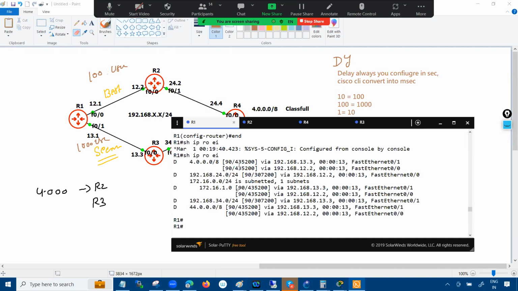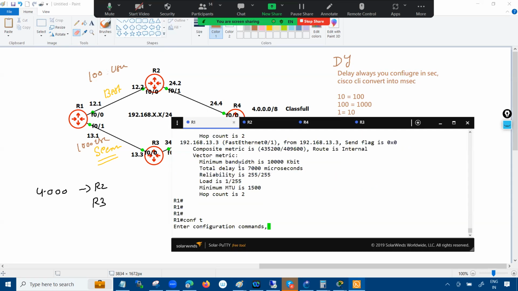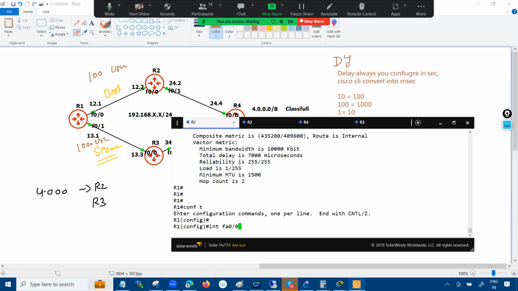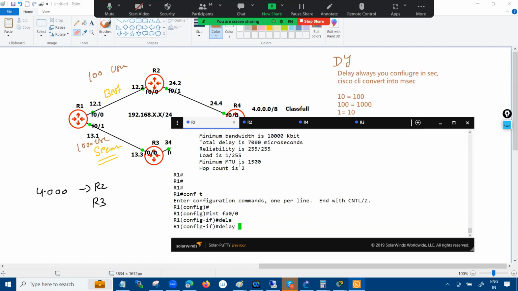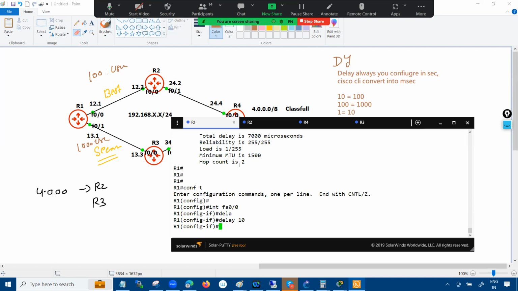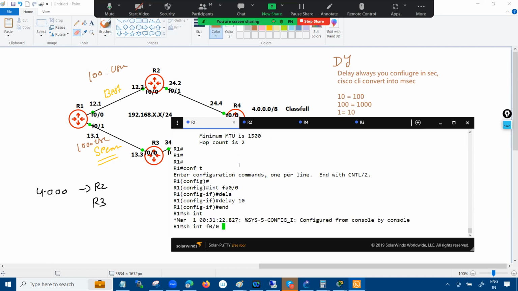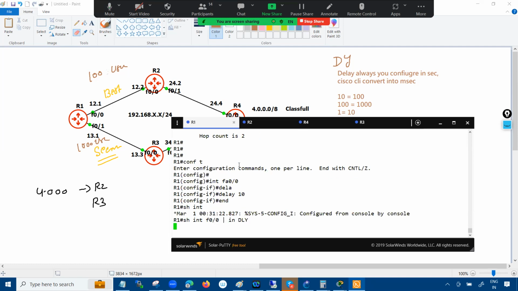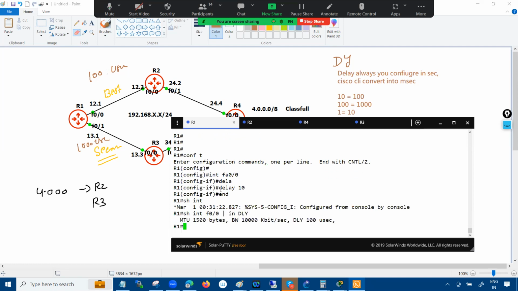So I'll just go on router number 1, interface 0/0. I'll see the delay. If I configure 10, it will convert into 100 over there. So interface 0/0, delay 10. I just configured 10 right now, and it converted into 100 microseconds.